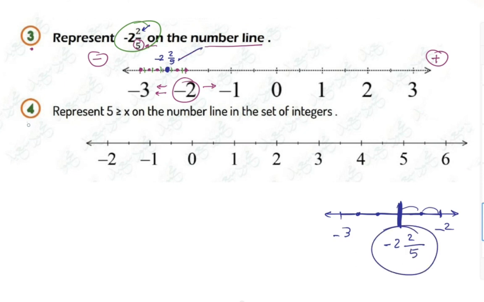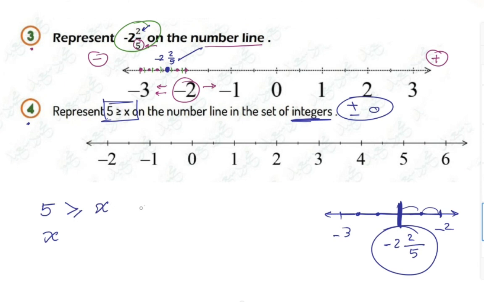Okay, question number 4, and this is the last question of our video. Represent 5 greater than or equals x on the number line in the set of integers, plus, minus, 0. Note with me, we have an inequality here, 5 greater than or equals x, but it's ordinary to write x at the left.